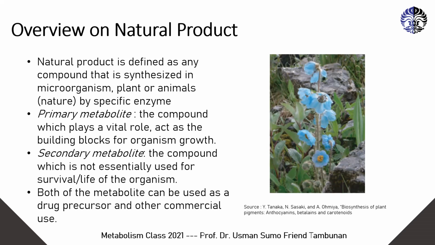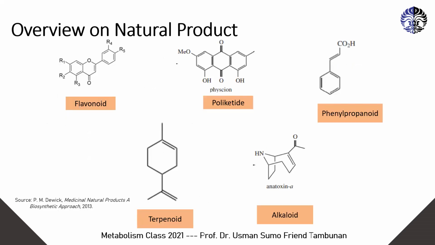Secondary metabolite is the compound which is not essentially used for the survival or life of the organism. Both metabolites can be used as drug precursors and for other commercial uses. Here are the groups of natural product, which are flavonoid, polyketide, phenylpropanoid, terpenoid, and alkaloid.